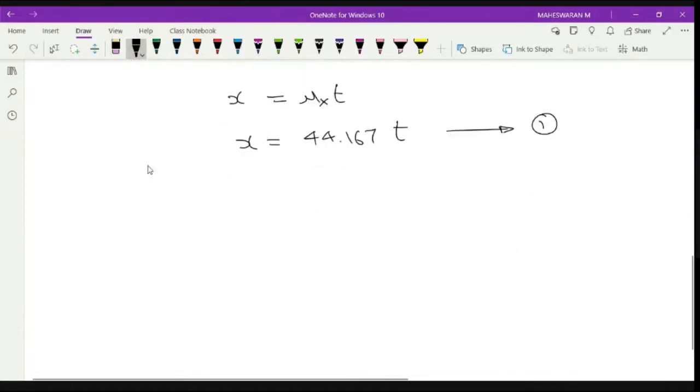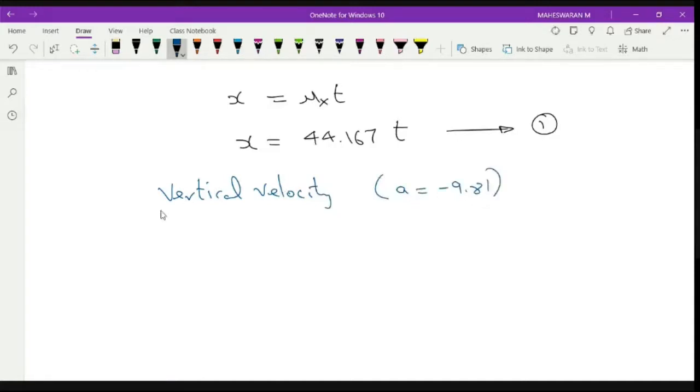Let me go for vertical velocity now. In my vertical velocity, your acceleration is minus 9.81, because it is towards the upward direction. So now we go for the same formula, v is equal to u plus at. Which means Vy is equal to Uy minus 9.81 t.